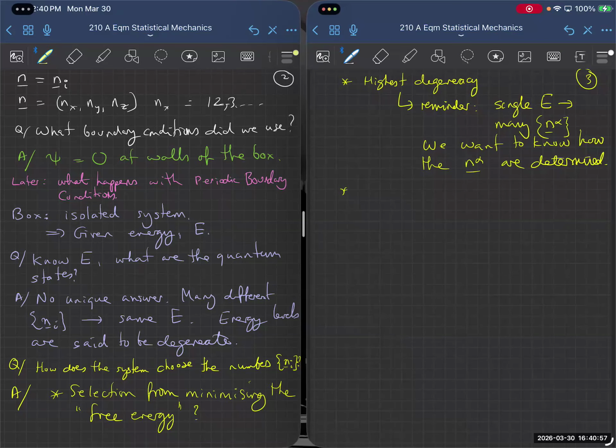Anybody else? Any other hands? Okay, I know you're dying to give me your answer. Go on then. Equal probability of any given. Okay, equal probability. That's because we're going to be talking about the principle of equal a priori probabilities.